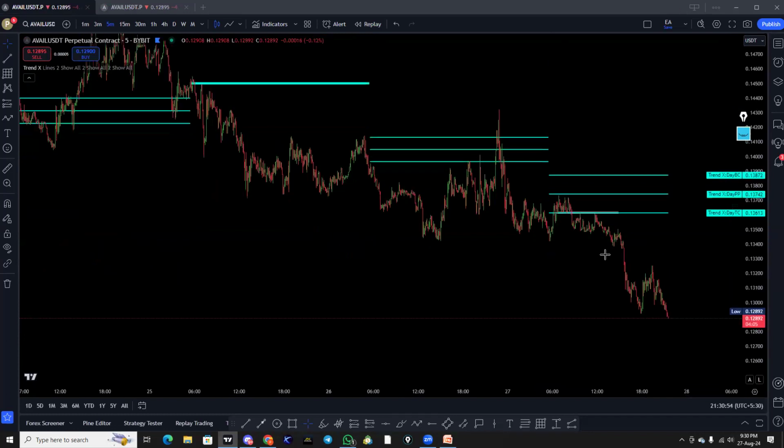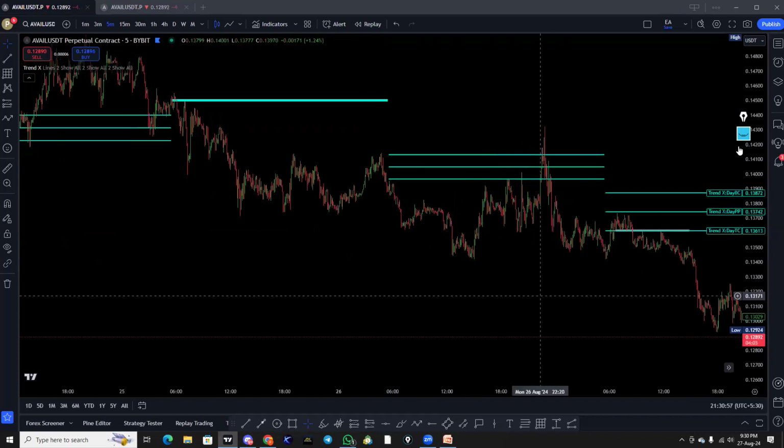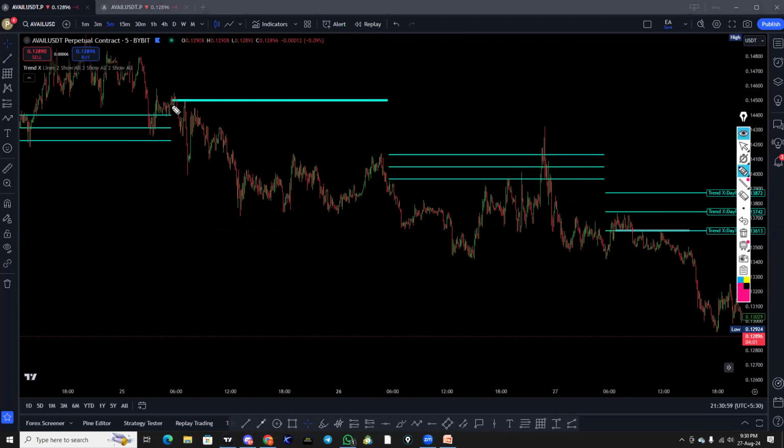Market closing is very important, so I look whether candles are closing at the lowest point. If yes, then I'll take the trade. I'll keep my alert near the daily trend X.